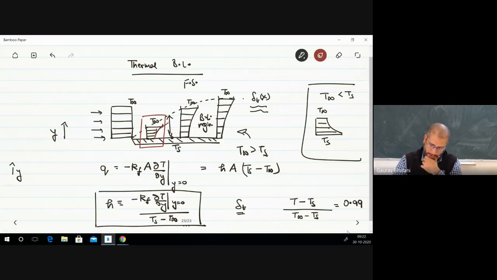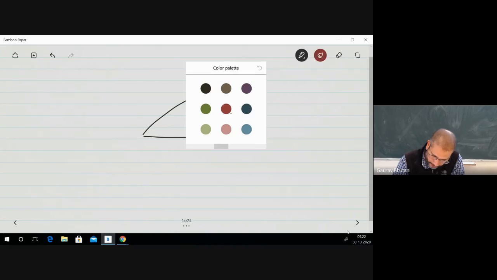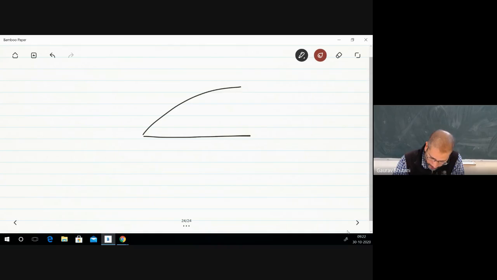In this case, I should have drawn it... it's very difficult when I compare these slopes. Let's exaggerate them. Let's use a different page. Let's use the case where we are cooling the plate down.